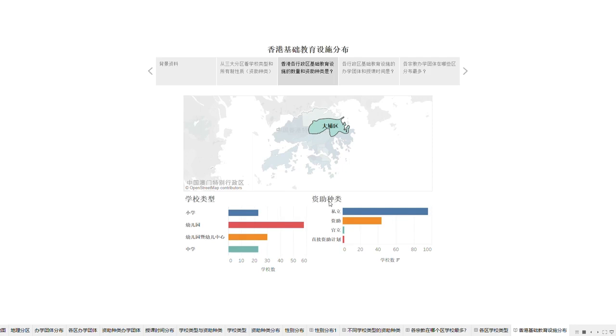For school types, we can see in all districts, kindergarten has the most, followed by primary school and middle school. In terms of funding type, private schools have the most percentage, followed by aided schools and schools receiving subsidies and so on.